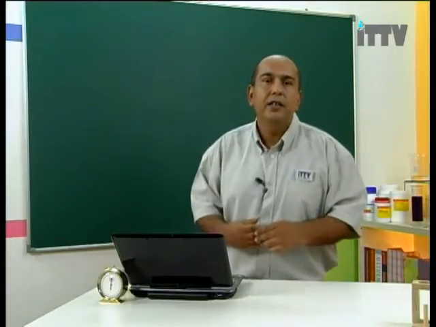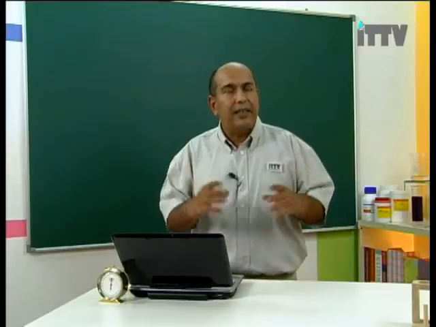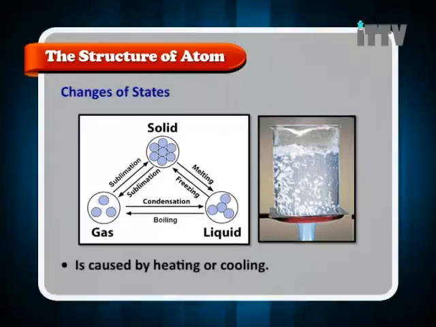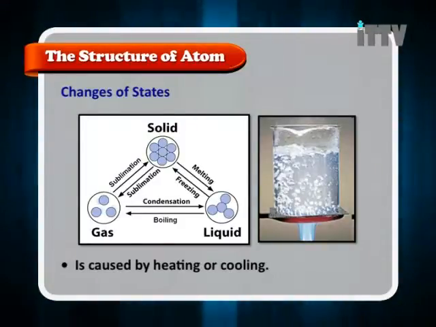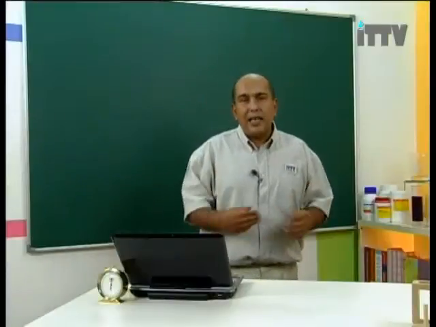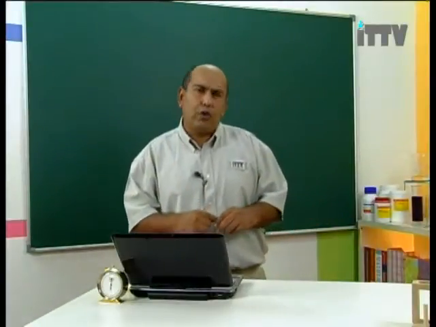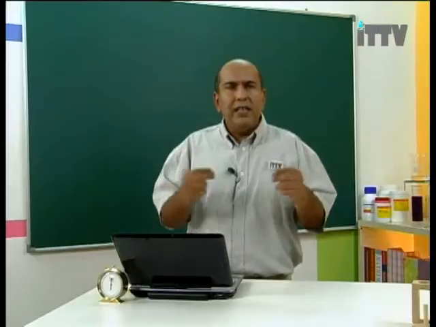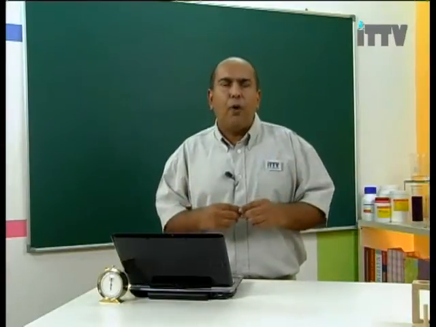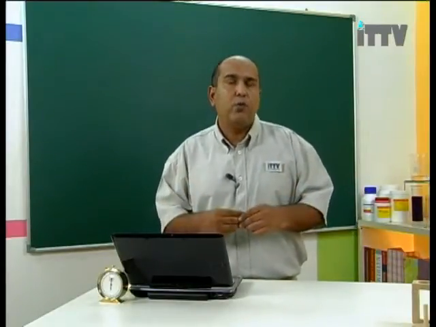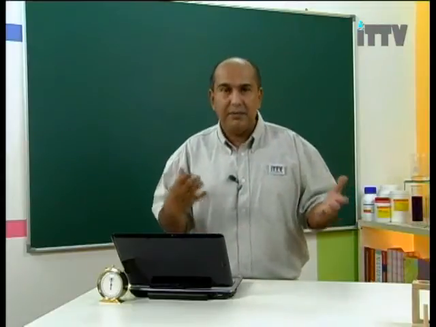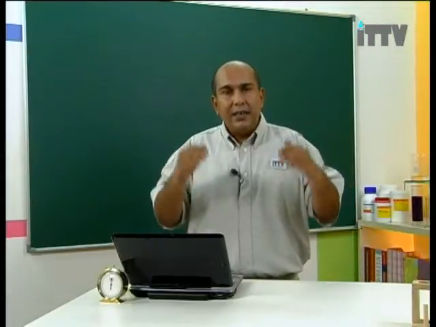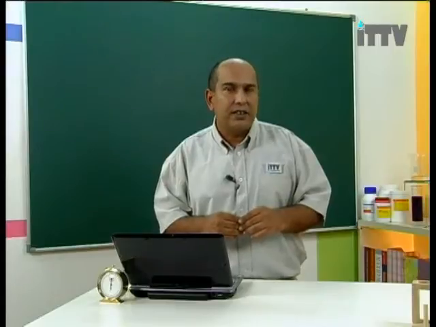So let's begin by having a look at some of the key things that we need to remember. Changes of state are caused by heating or cooling. Now, when we studied the change of state of water, we learned that when water boils or when water melts, which is ice melting into water, the temperature remained constant.